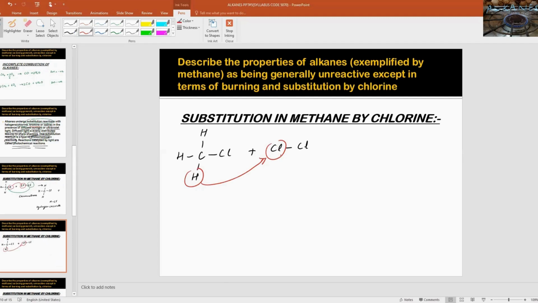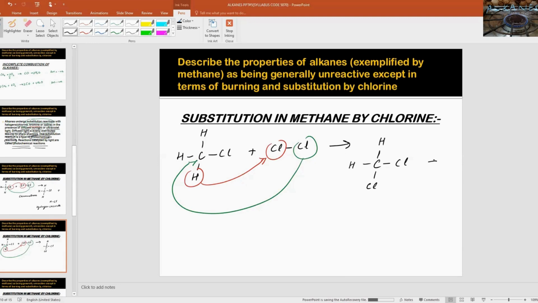This hydrogen will be taken by this chlorine, and this chlorine will make a bond with this carbon atom. Products will be like this, plus HCl. It is dichloromethane. This one is hydrogen chloride.